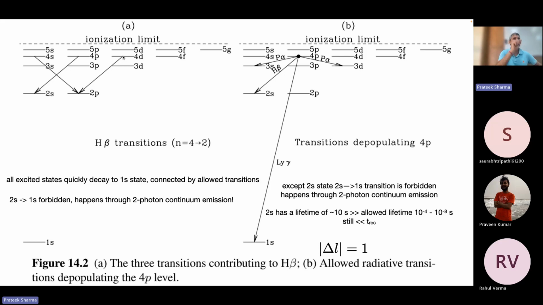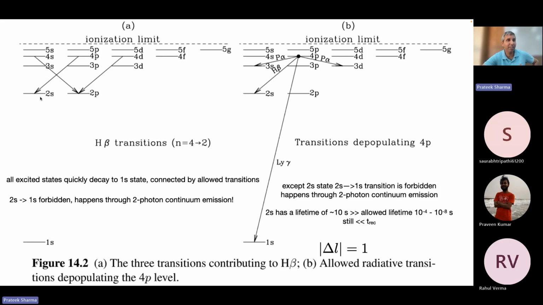Allowed transitions have delta l equal to 1, so there is a change in l. For example, an electron in the 4d state can easily go to the 2p state. Similarly, a 2p electron can easily go to 1s. But 2s to 1s cannot happen. It's a forbidden transition because delta l is 0.